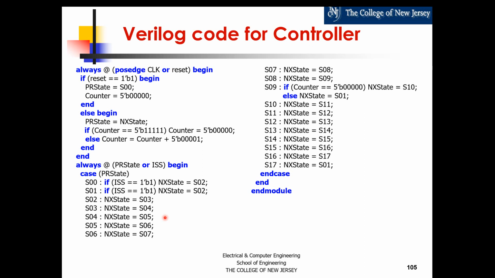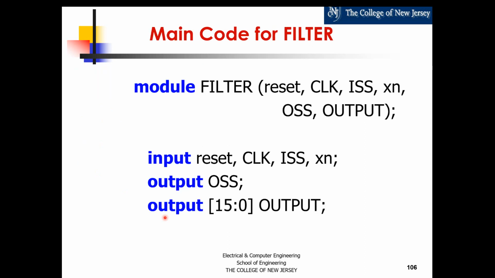So now I have the data path and the controller. All I have to do is hook them up together because I know the interfaces. From the perspective of my filter, it is a digital system which is going to have a reset and a clock. It's going to have the X is valid input.